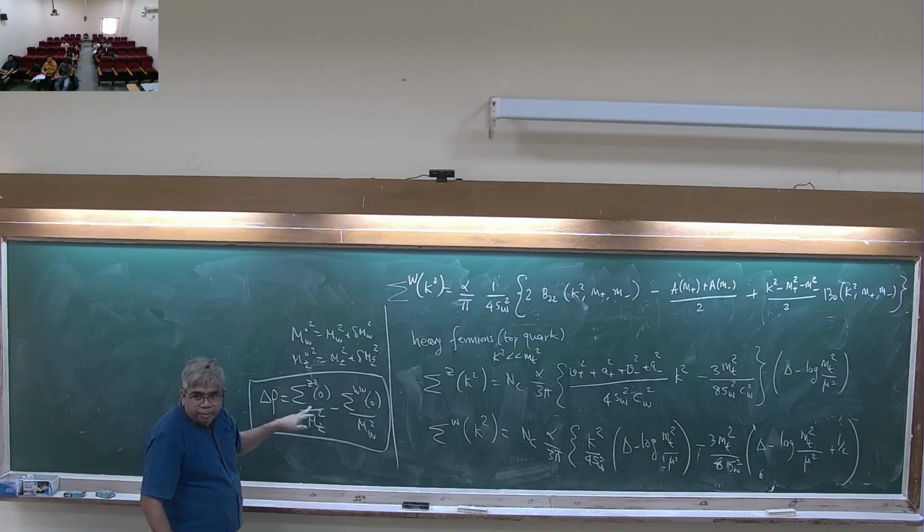Delta rho at k square is equal to 0. We'll come to other parameters at k square not equal to 0 later on. That will come as STU parameters. Okay. So at k square is equal to 0, it is defined in this particular fashion, because these are all tree level masses. Mass is defined.